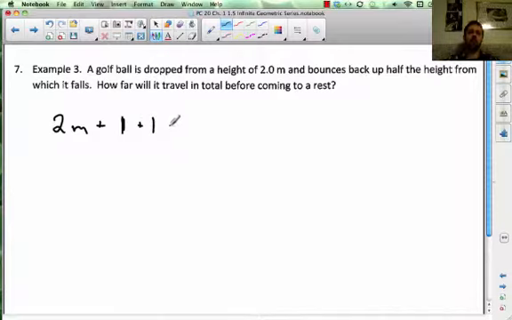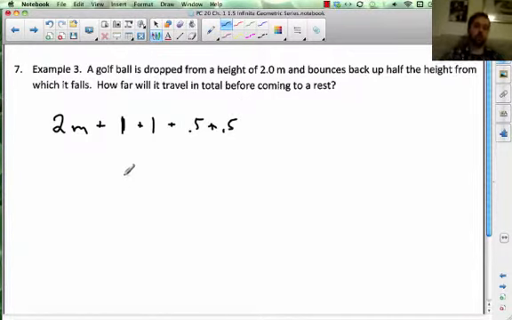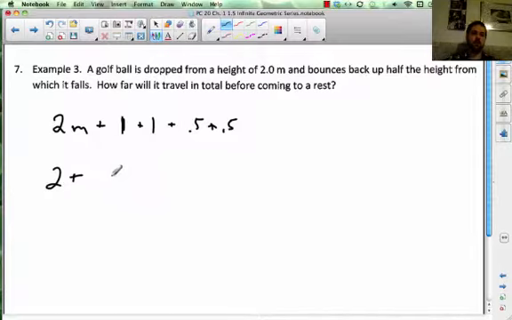And then it's going to bounce up to half a meter. And then it's got to travel all the way back down to the ground another half a meter. Okay? And it will continue like this. So we start off 2 meters, and then we're going to add 2 meters plus 1 meter plus half a meter plus 1/4 of a meter, and it will continue like that.